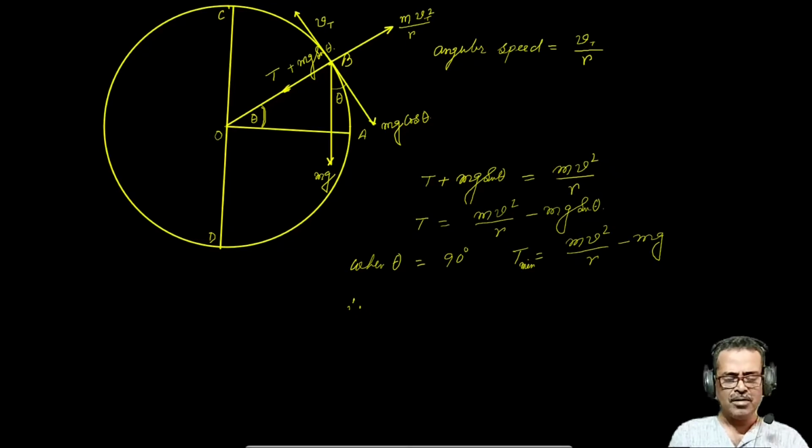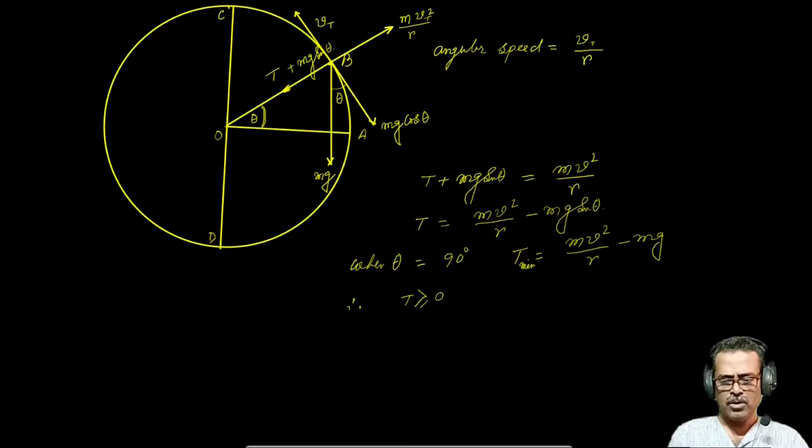To maintain circular motion, to cover that whole path, T should be greater than or equal to 0. The minimum value should be 0.